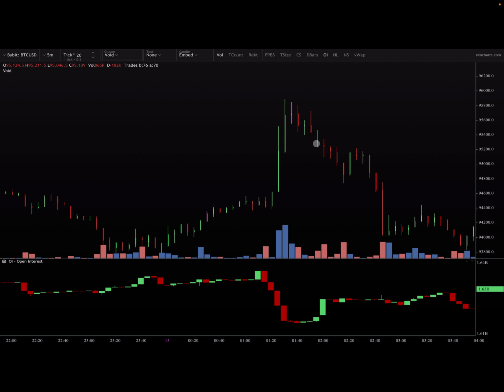The reason I can say this confidently is because the open interest keeps dropping as the price is going up. Why this is so important for us is because even though there are transactions happening in the market which are causing the price to go up, those transactions are not longs that are actually entering the market. The move here is caused by closing positions.